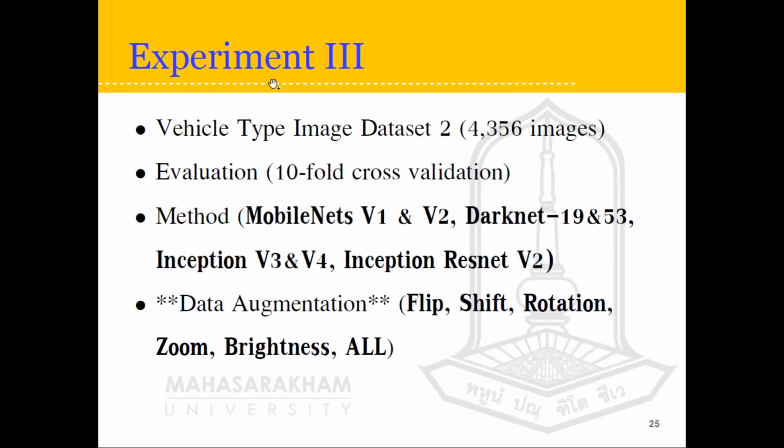Finally, experiment 3. In this one, we change our input dataset to vehicle type image dataset 2 or VT82 to observe the effect of the larger data. For the method in this last experiment, we use our XCNN model that we mentioned earlier to find the champion model on our vehicle type image recognition.